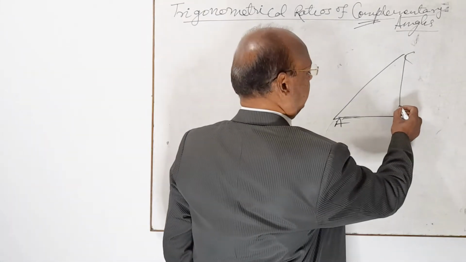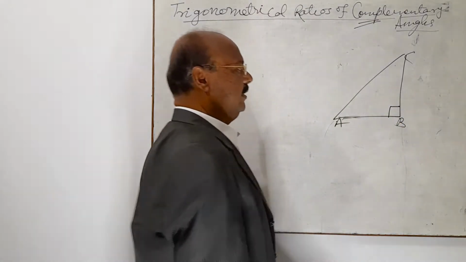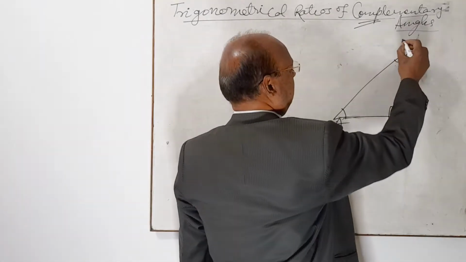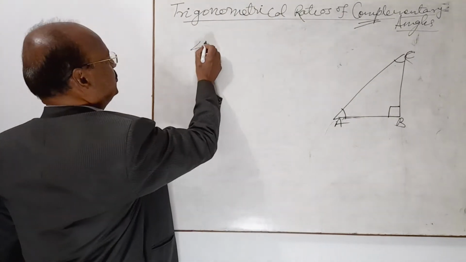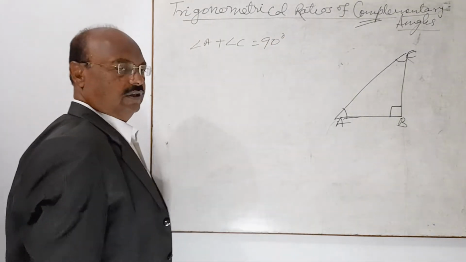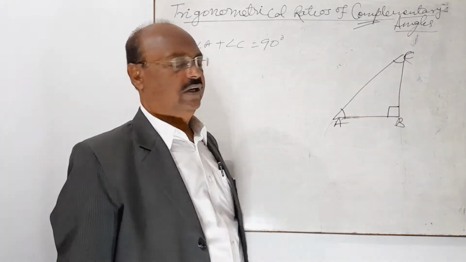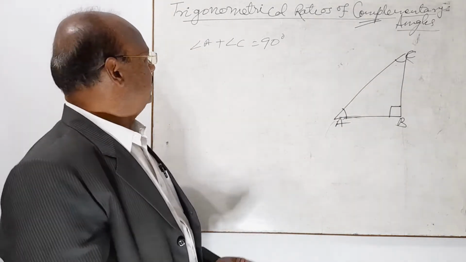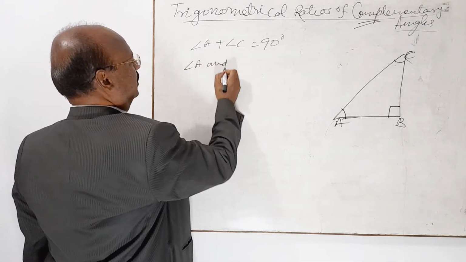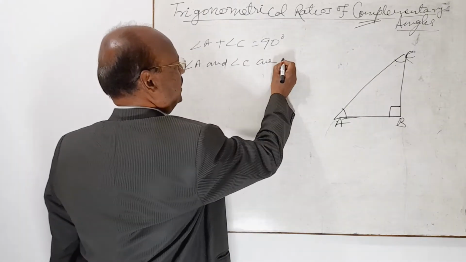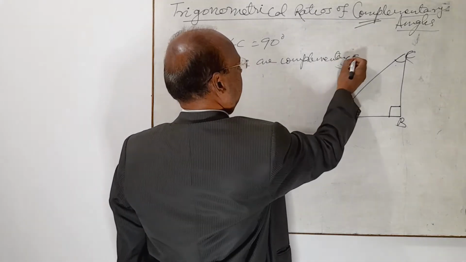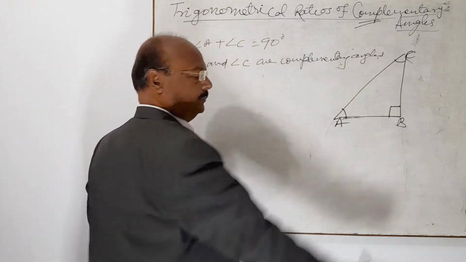Suppose this is a right angle triangle, 90 degrees at angle B. In this case it is very clear that the sum of these two angles A and C will be 90 degrees, so that the sum of the three angles would be 180 degrees. So these two angles, angle A and angle C, are known as complementary angles. Clear?